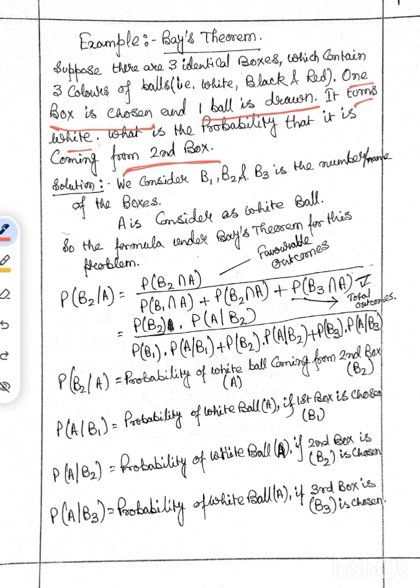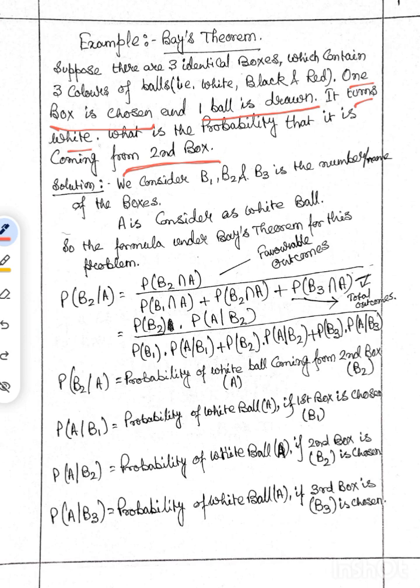Now, what do we have to calculate? We have to calculate the probability of white ball from the second box. This should be our numerator. And the probability of coming of all alternate cases of white ball should be our denominator. Clear?